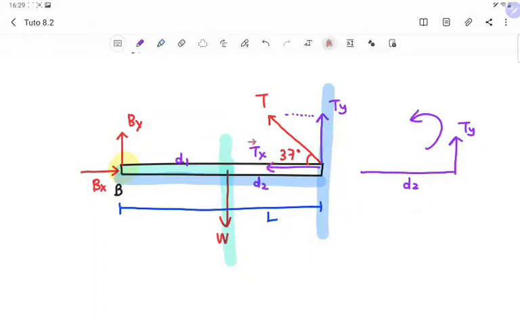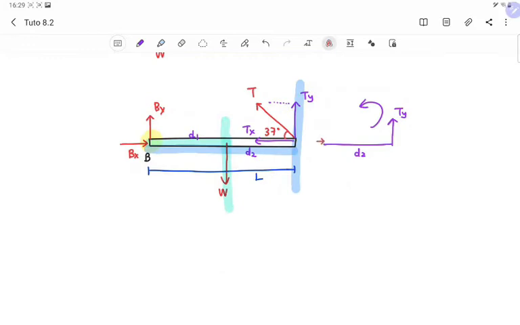Okay, how about Tx? Okay, so this is D and then this is our Tx. So the angle is 180 degree. Sin 180 is equal to 0. So Tx will not contribute to the torque. It will be zero. Okay, therefore for T we only take Ty into account.